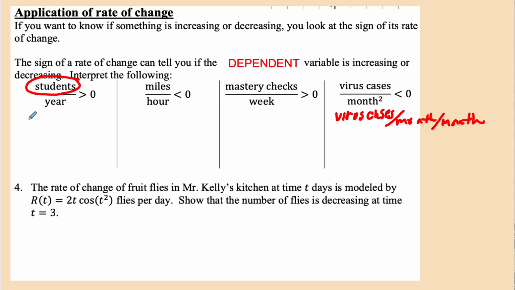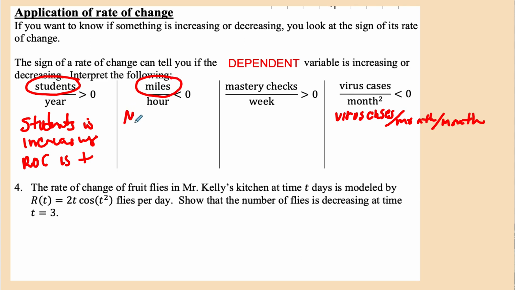So this is telling us that the number of students is increasing, and it's increasing because the rate of change is positive.